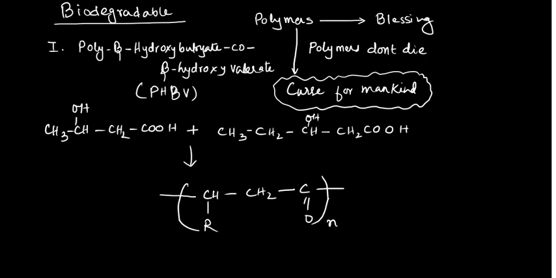Okay, ester linkages will be there. This OH is going to do ester linkage with this COO, and this R part basically contains this whole OH and stuff. That is why this hydroxy is still there. Okay, so this is your PHBV.